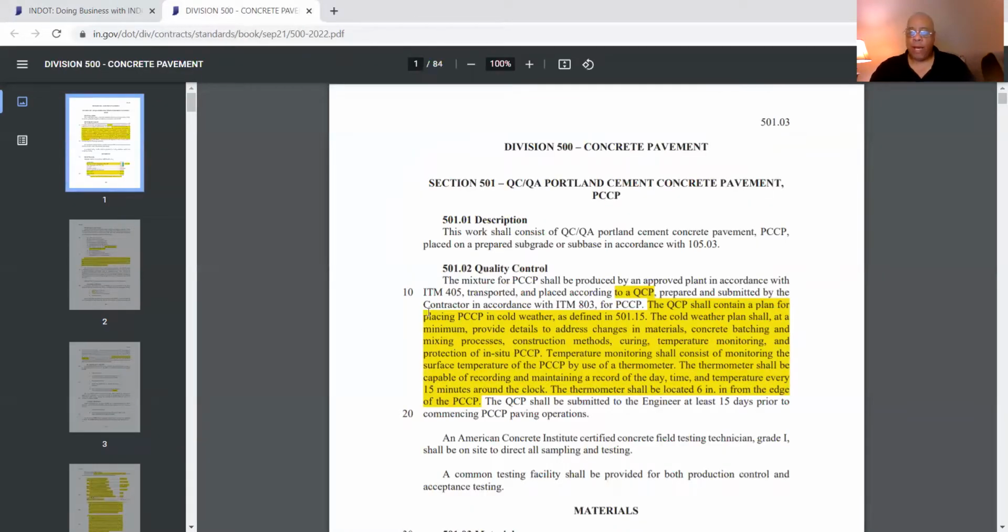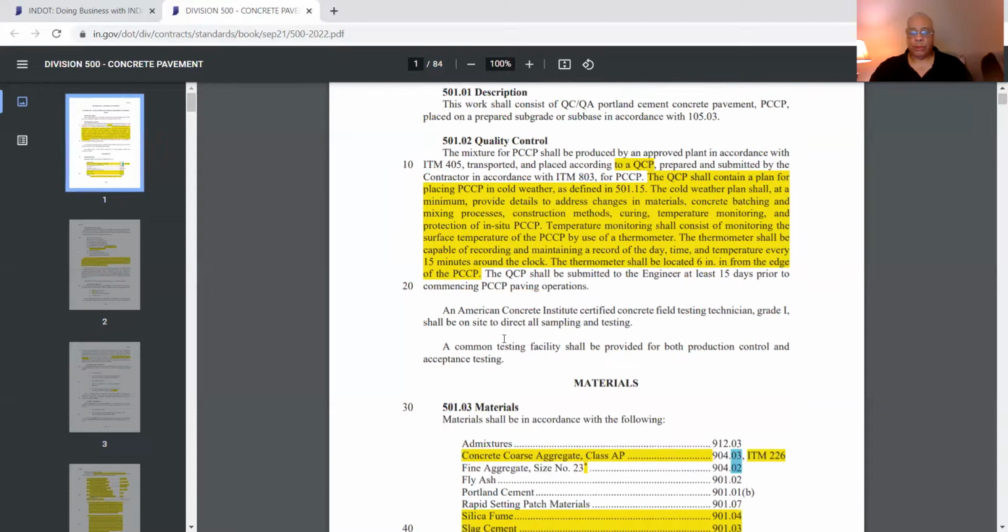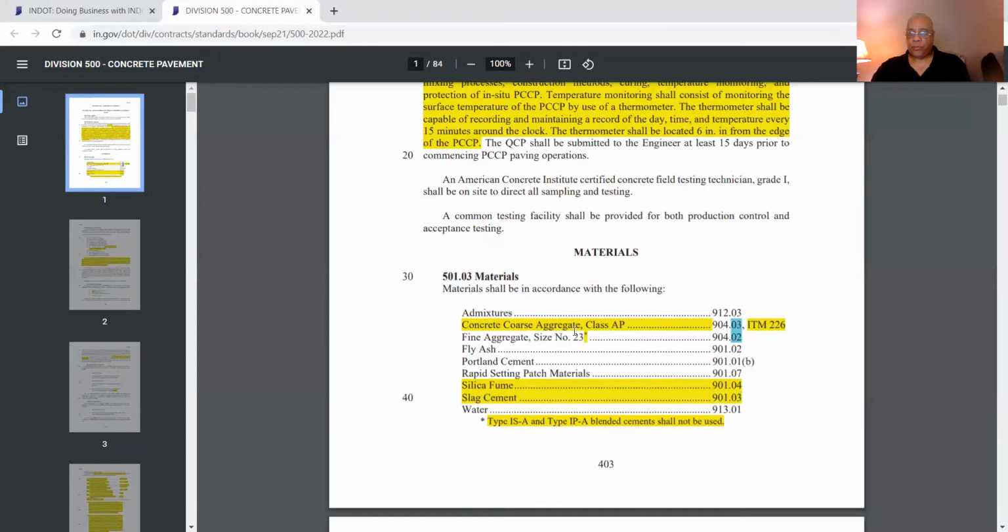You want to understand what goes on with concrete pavement. Here it is right here. Gives you the quality control, gives you the materials. If you want to know where to find all the materials, again, these are the sections where you find all of the materials.